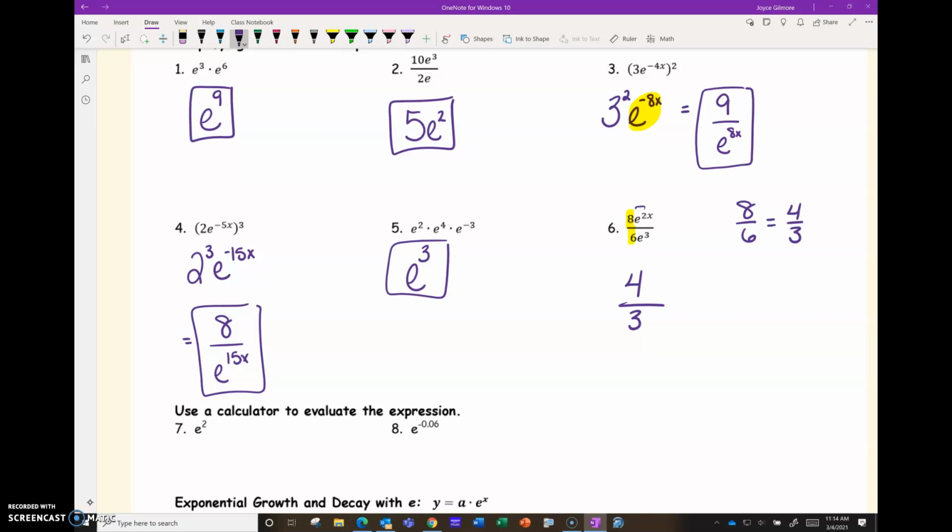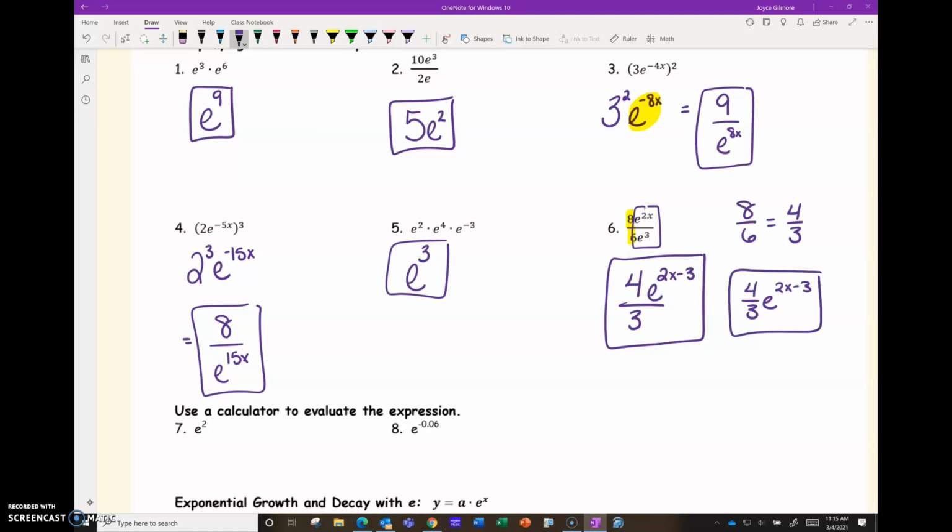E to the 2x divided by e to the third, you would subtract. But can you actually combine 2x and a negative 3? So you would write e to the 2x minus 3. It can be written like this with e on the top, or it can be written as 4/3 times e to the 2x minus 3. Either of those would be considered correct.